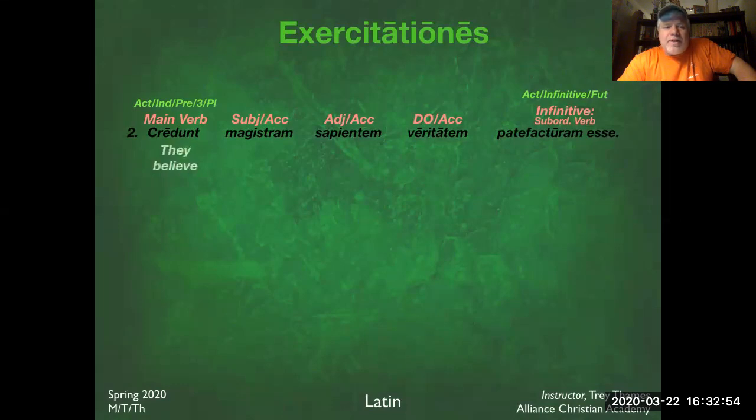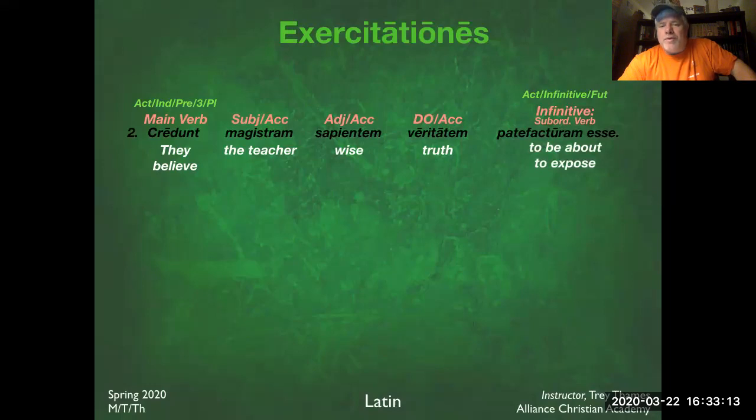So how do we translate this? Well, they believe, simply, they believe, magistrum is the teacher, the wise teacher, truth. And then the infinitive, active future, patefacturum, would be translated as to be about to expose. So let's put this into regular translation. Main verb is present. The infinitive is future.